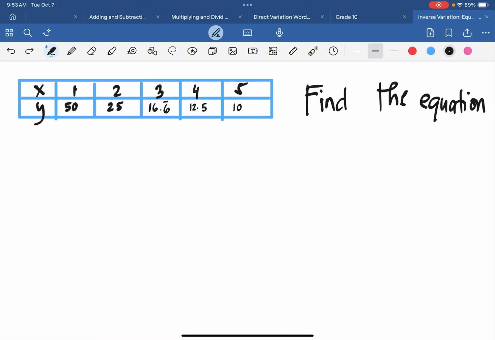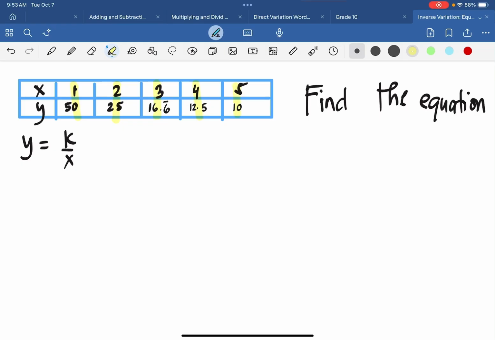Now let's have an example in which we are looking for the equation given a table of values for x and y. All we need to do is to write first the form, y equals k over x, and recognize that we have pairs here. We have pair 1 and 50, second pair 2 and 25, 3 and 16.6 repeating, 4 and 12.5, and 5 and 10.